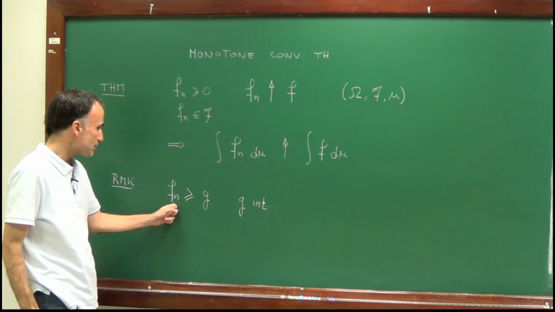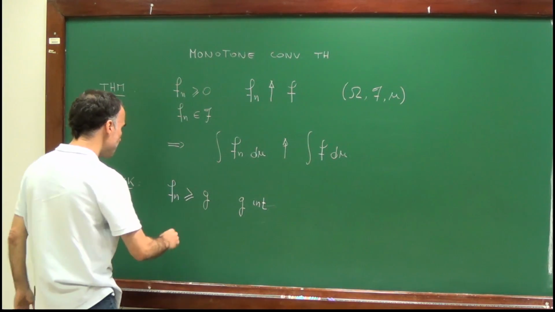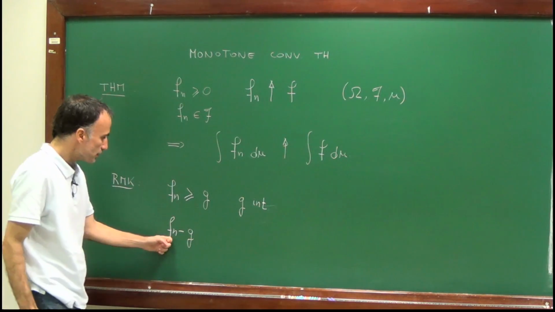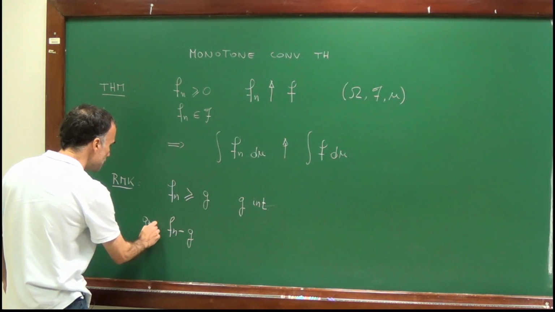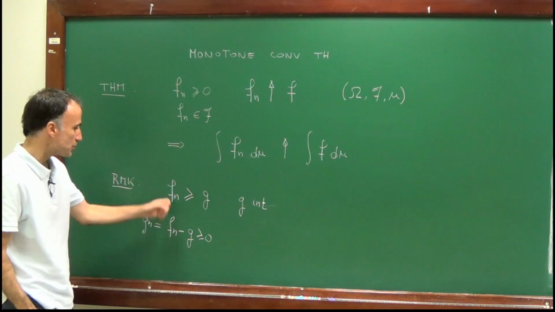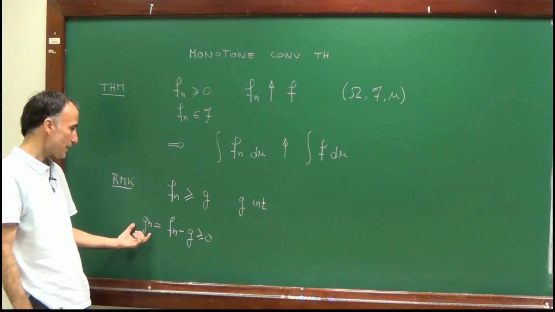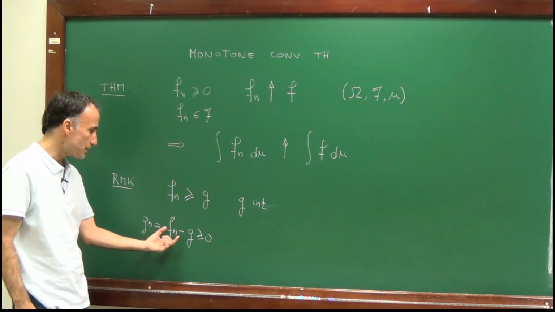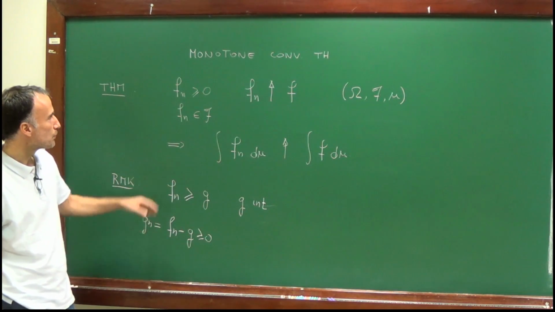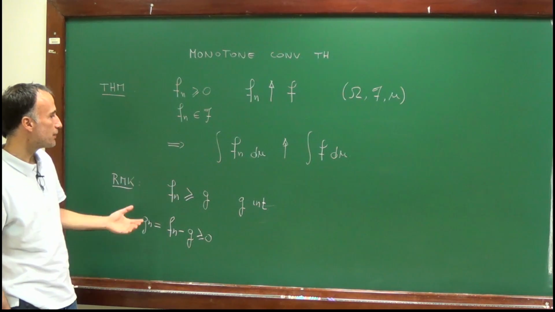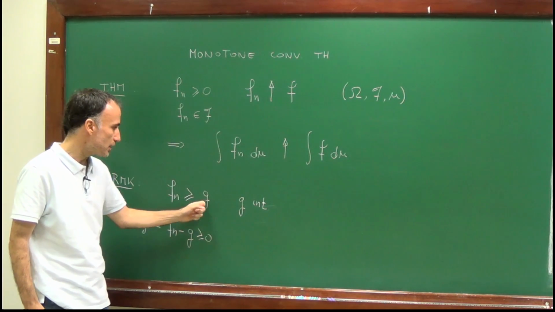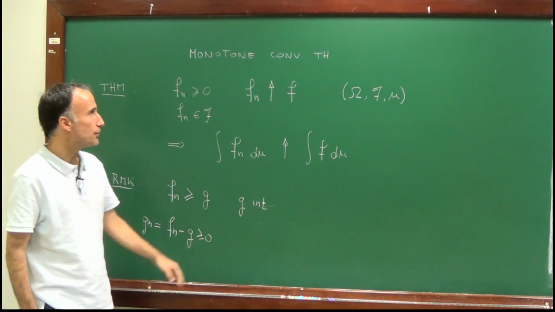If the sequence f_n is bounded below by an integrable function, we can just consider the sequence g_n which is f_n minus g, which is now a non-negative sequence, which is increasing to f minus g. Apply this result to this sequence, and then use the linearity of the integral to get rid of the function g. So we can extend easily this theorem to the case in which the sequence f_n is bounded below by an integrable function.